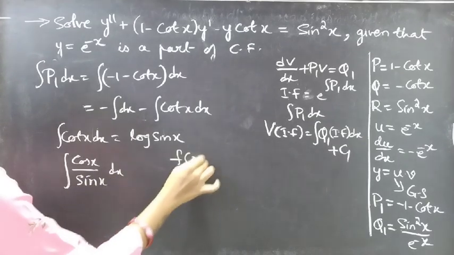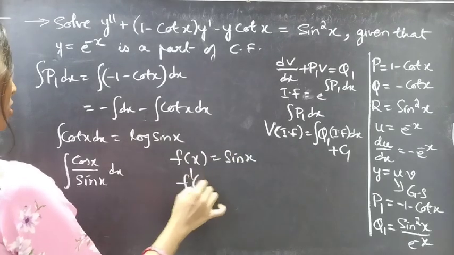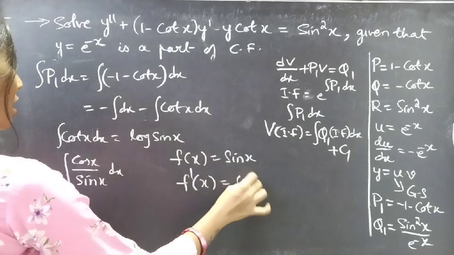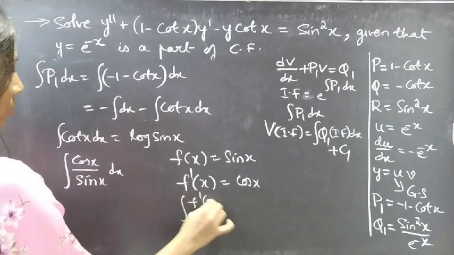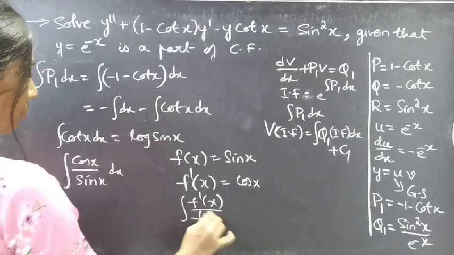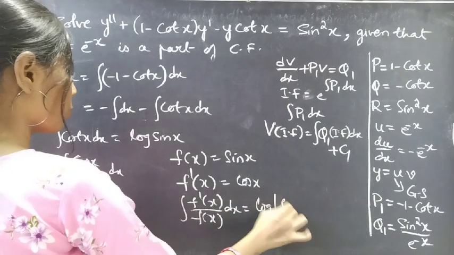If f of x is sin x, then f dash of x is cos x, right? So this is of the form integral f dash of x by f of x into dx, which is equal to log mod f of x.